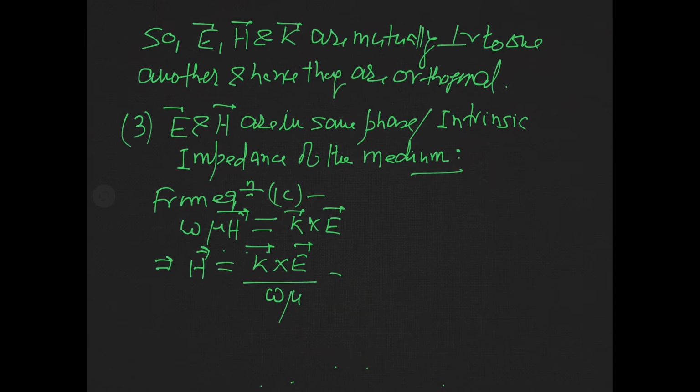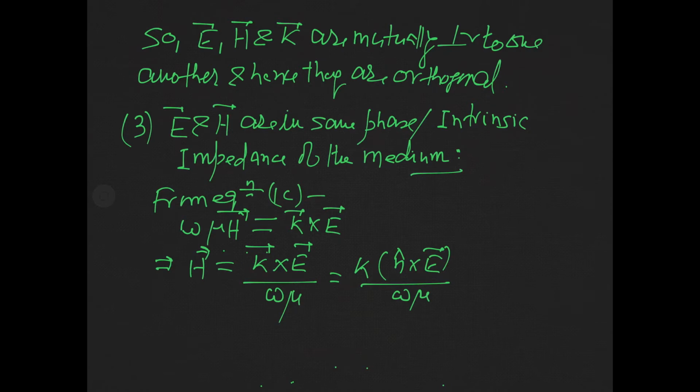And you know, this vector K can be expressed as K into n hat, because n hat is a unit vector in the direction of K. So we can write it as K n hat cross E by omega mu.